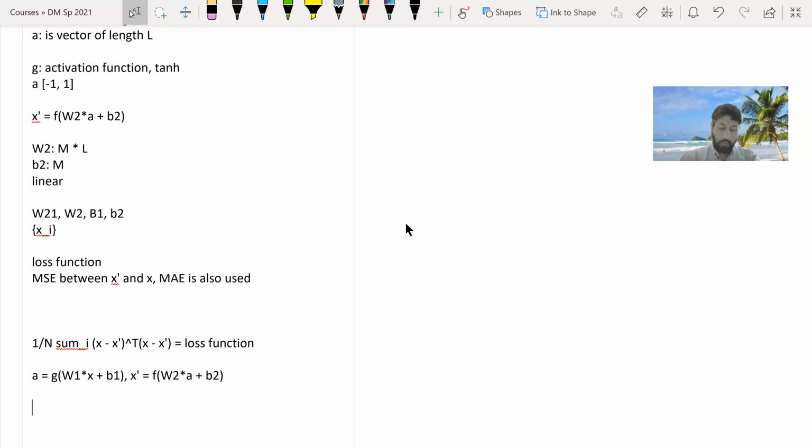So in other words, we compute the squared error between X and X prime, and if we take its square root it becomes the L2 norm. You can say the L2 norm between X and X prime is the length between them.